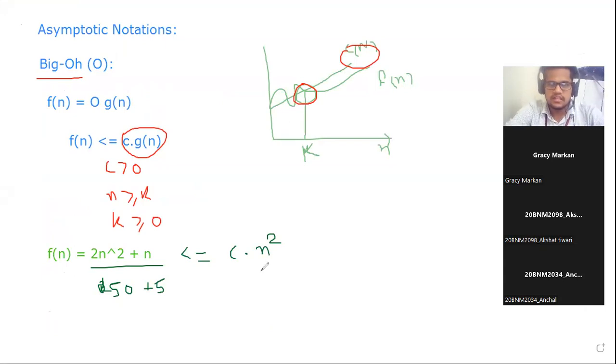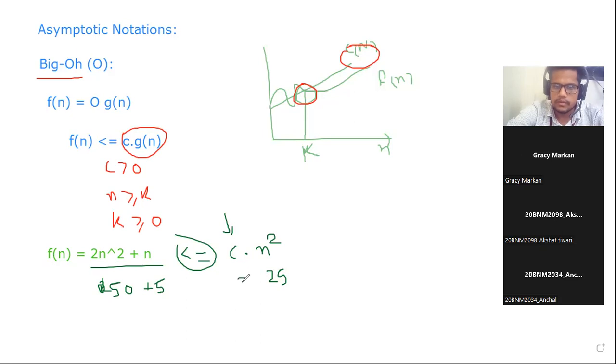Now, n square is 25. What value can we assume for C so that this condition becomes true? If I pick 2, it is still less.